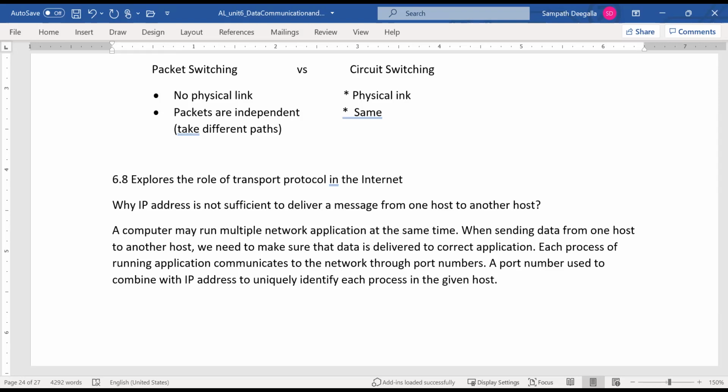When you have a port number, it's a number, let's say 80. Port 80 usually is used to communicate with the Hypertext Transfer Protocol, we call it.